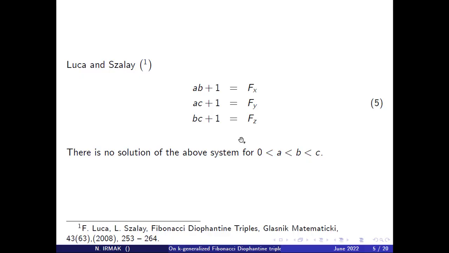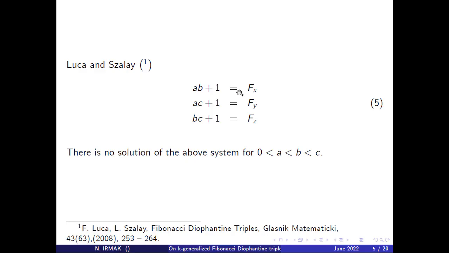In 2008, Florian Luca and Laszlo Szalay gave a different variation of this problem. As you know, the right-hand side of the equation system is the square of the numbers, but instead of the squares, they put arbitrary Fibonacci numbers.